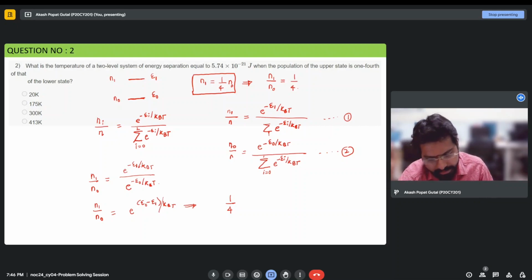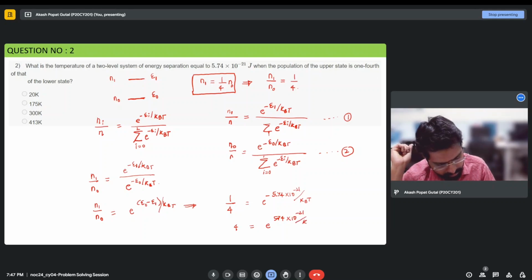We know that epsilon 1 is higher in energy, so this reduces to e raised to minus 5.74 into 10 raised to minus 21 divided by kB into T. If we solve this, we can write 4 is equal to e raised to the positive 5.74 into 10 raised to minus 21 by kBT, and we know the kB value. kB is equal to 1.38 into 10 raised to minus 23 joule per Kelvin.